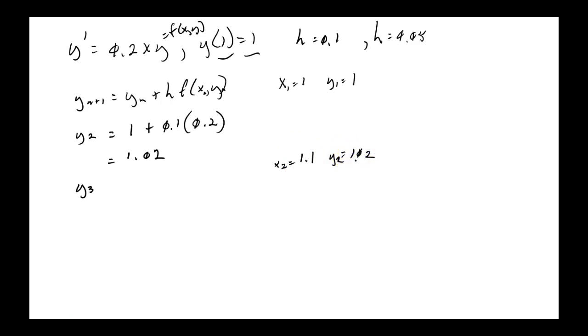So y sub 3 is y sub 2, 1.02, plus 0.1 times your f, which is 0.2, times your x sub 2, 1.1, times y sub 2, 1.02.